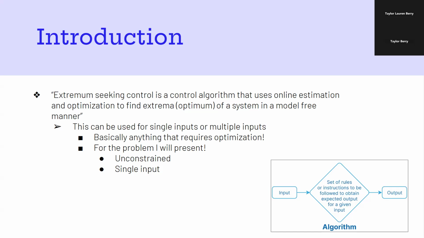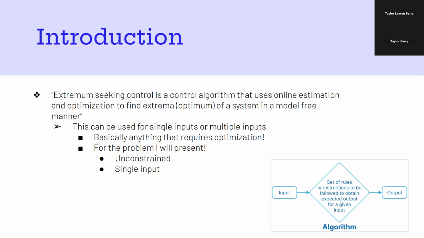Some of the examples presented in the problem statement were braking and fuel consumption, or calculating the perfect position of a solar panel to maximize power, that type of stuff. So we will also be using this for the problem that I will present.